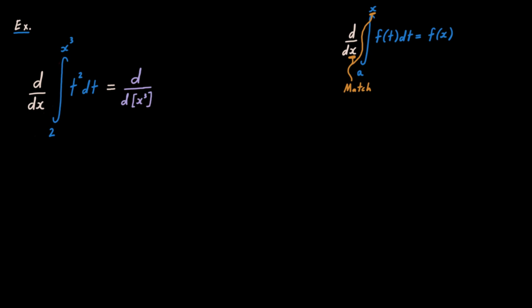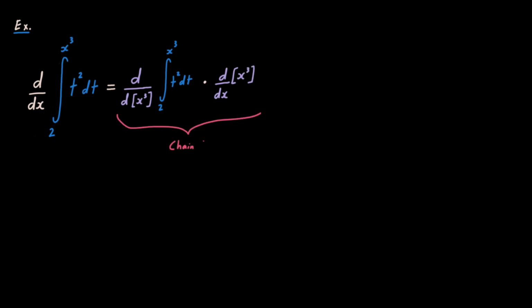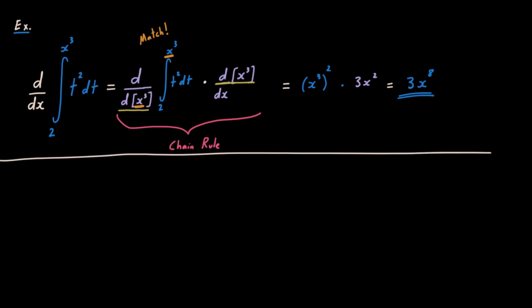The upper bound is an x cubed, so here I have set up a chain rule expression. Those two terms that I've underlined in yellow cancel each other out, they offset each other, so to speak. Now that the x cubed and the x cubed match in the first term of the product, I'm allowed to use my second fundamental theorem for the first part. The second part, of course, is 3x squared, and I get 3x to the 8th.